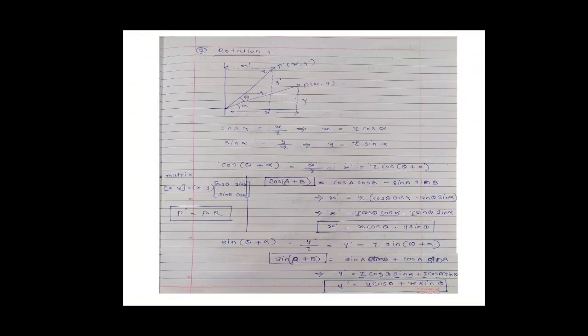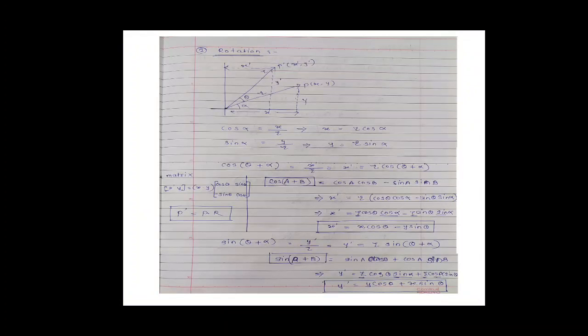Let's consider the rotation of an object about the origin. Here r is the constant distance of the point from the origin, alpha is the original angular position of the point from the horizontal, and theta is the rotation angle.